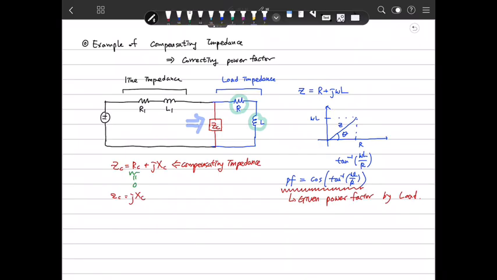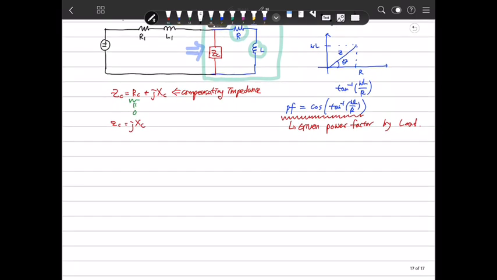So including this compensating impedance, the total impedance will be the parallel of the compensating impedance and the load impedance.